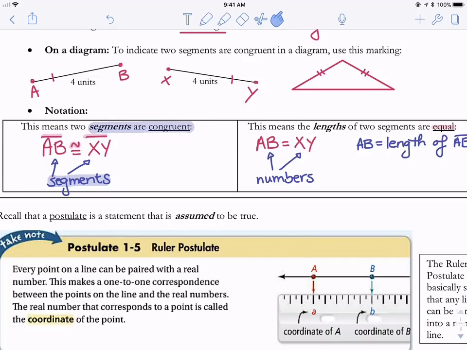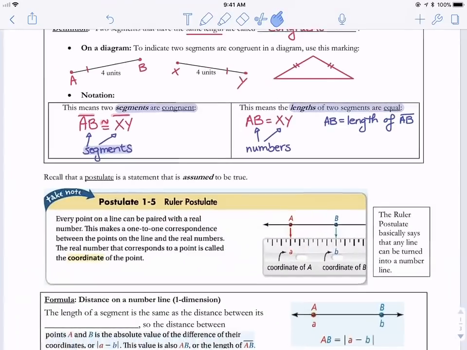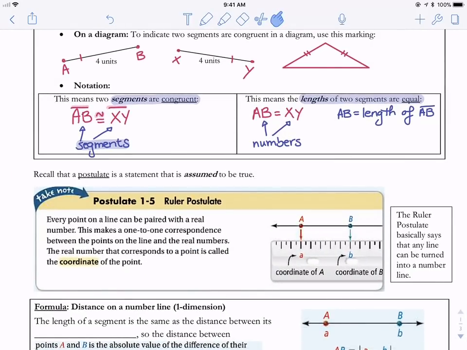And if you want to talk about the lengths of the two segments being the same, the lengths are equal, you're using an equal sign, and notice that there's no bars up here. So that's a notation type thing, and I want to make sure that you're clear about the difference between the two. Again, objects are congruent, numbers are equal.